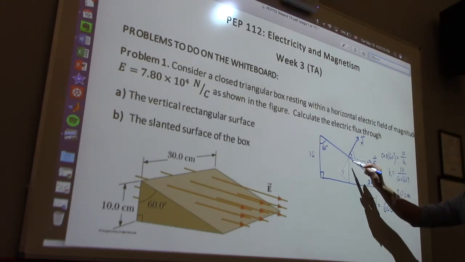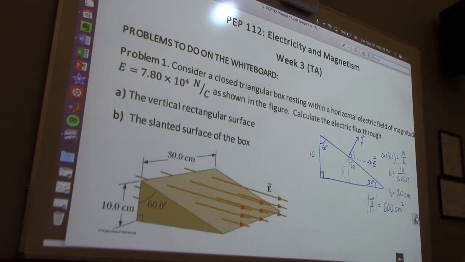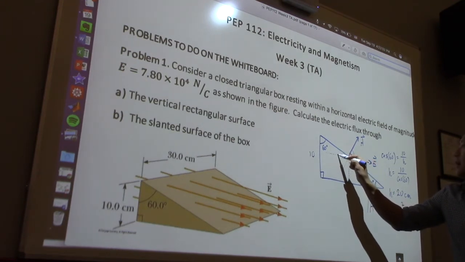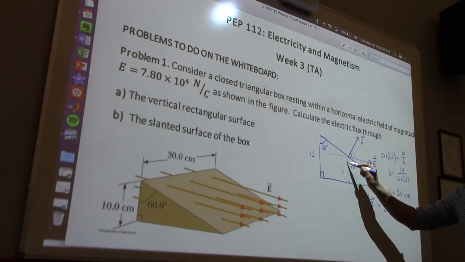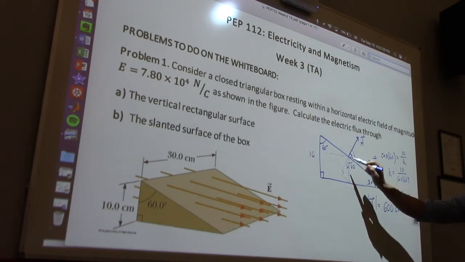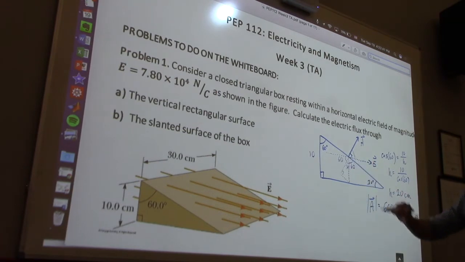Well, we know that this here would be 60, right? And then let's draw this dotted line here, extend that. Then we know this here is 30. And then we know that's 60. You see how I'm going about that? I'm just slowly drawing the lines.